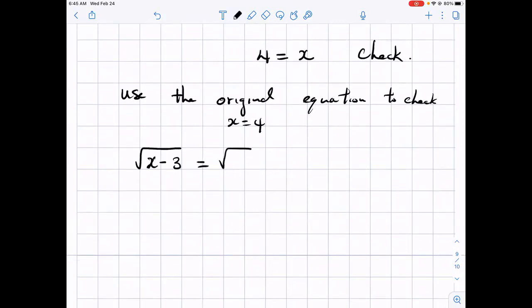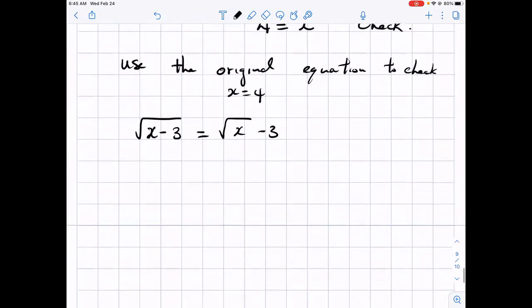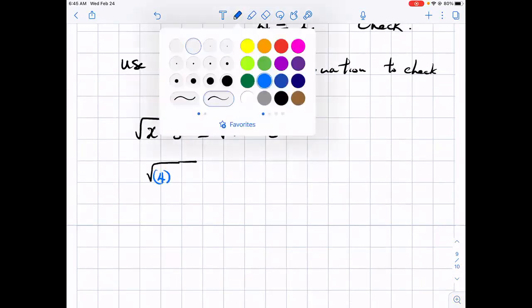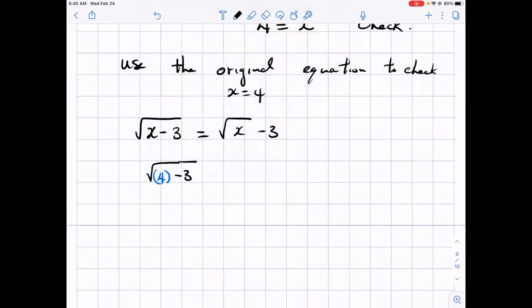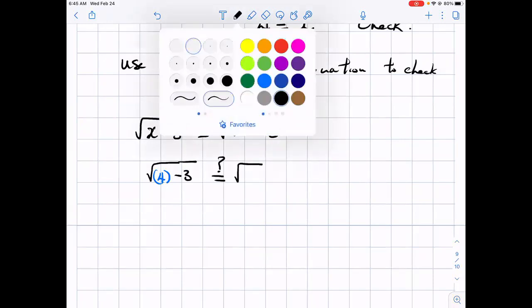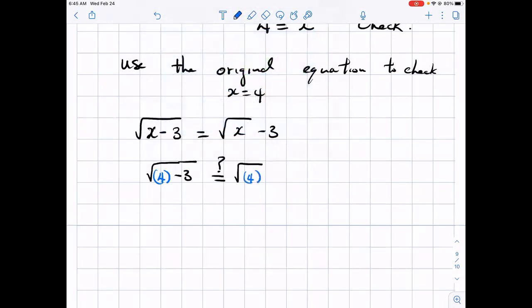And does that equal the square root of x minus 3 when x is 4? So let's plug in x is 4. So x is 4. Is that equal to the square root when x is 4 minus 3?